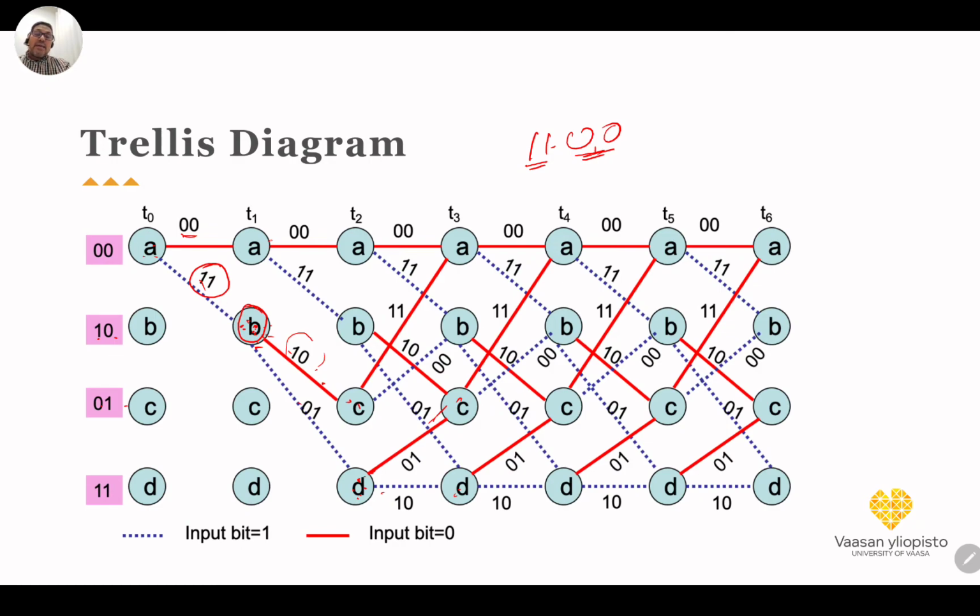Then by taking these steps, step by step, and until we complete a certain number of states in time, we can compute the minimum distance to see which path it should take in order to correct those errors.